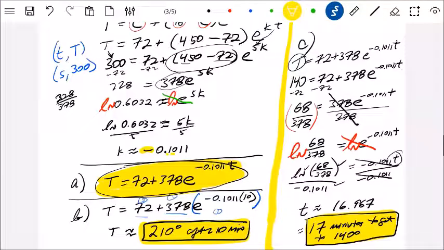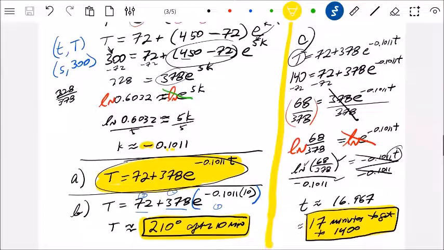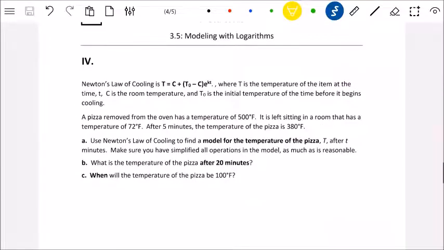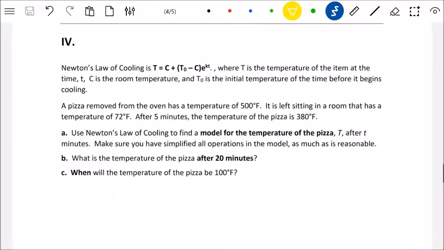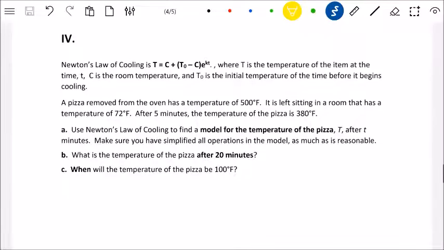Now you know how to use Newton's law of cooling, which involves using natural logs, and also how to figure out the separate parts of the problem with the initial amount and then the amount at a certain time. Very similar to the other problems we've done. Let's do one more of these now as a practice. Take a moment to pause the video and try to do this yourself, and come back to what we're working on.